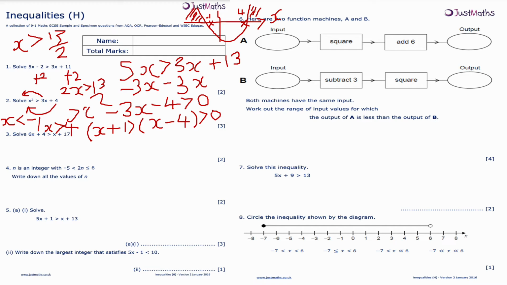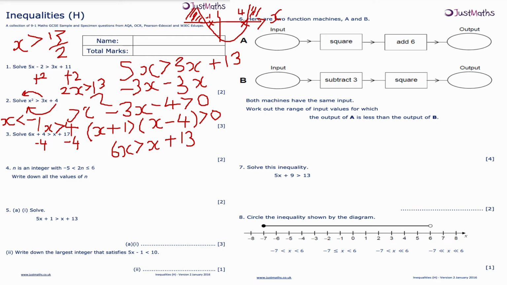This is question number 3. Solve this inequality. If I subtract 4 on both sides, I'm going to get 6x is greater than x plus 13.